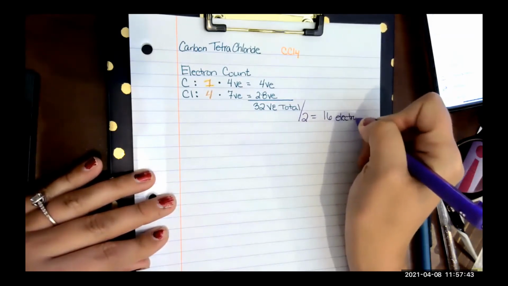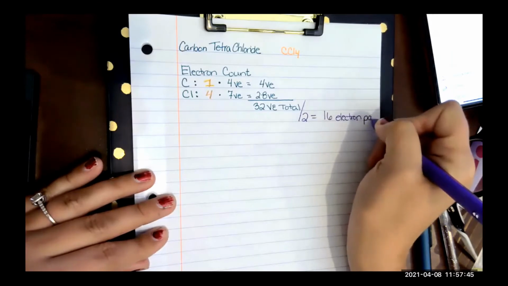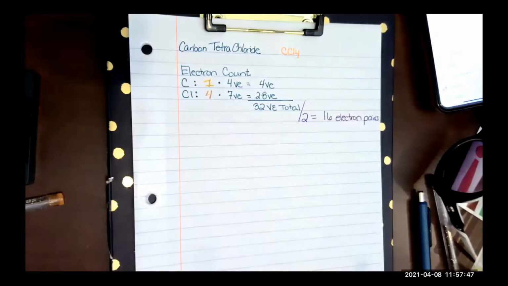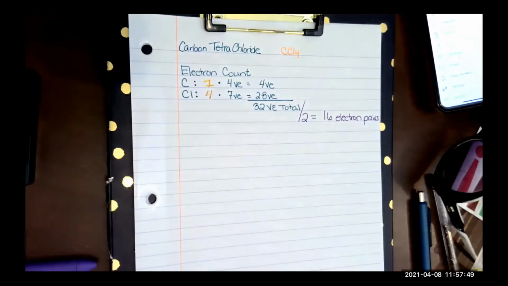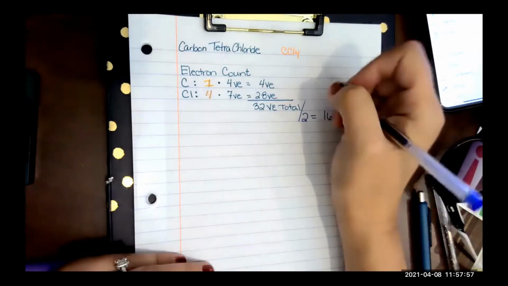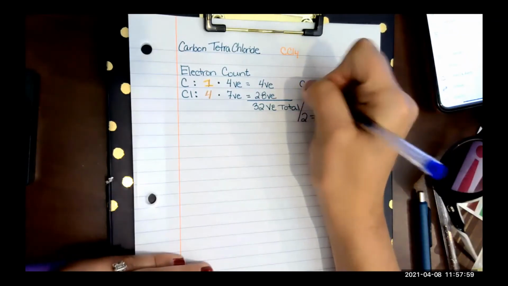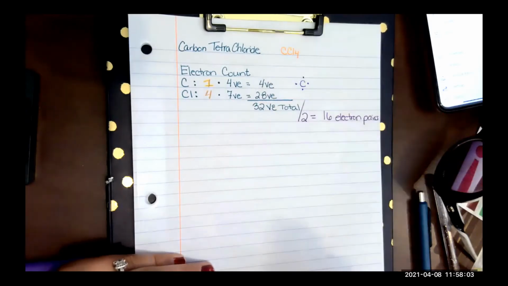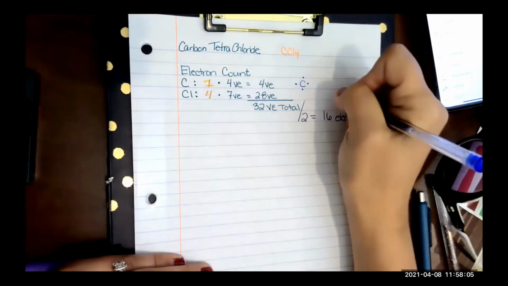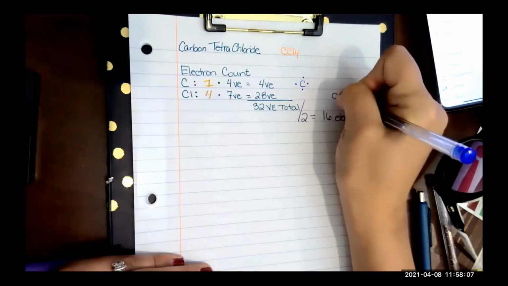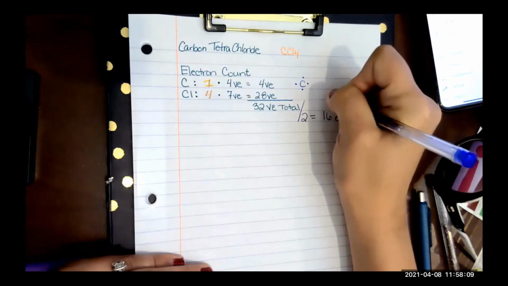And this is where we start. Another tip before you start is to draw your Lewis dots. You don't always have to, but I strongly recommend it. The Lewis dot for carbon is 1, 2, 3, 4, and the Lewis dot for chlorine is 1, 2, 3, 4, 5, 6, 7.